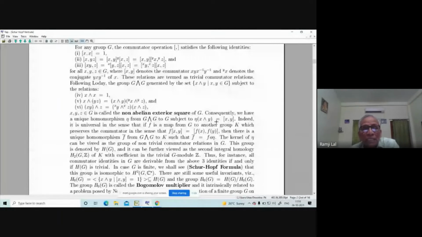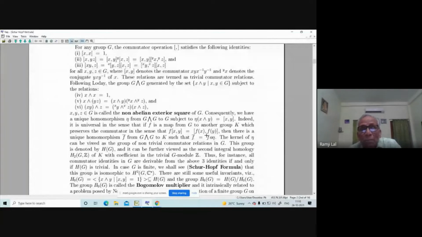Indeed, it is universal in the sense that if F is any homomorphism from G to another group K which preserves commutators in this sense, then there is a unique homomorphism F bar from G cap G to K such that this condition is satisfied.